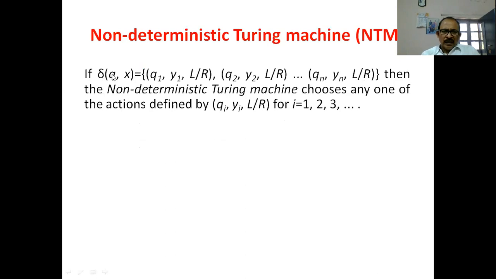Here you can see the machine in state q reads symbol x, then it goes to any one of the states qi, replaces x by yi, that is y1, y2 or yn, depending on the state to which the Turing machine moves, and moves in the left or right direction.